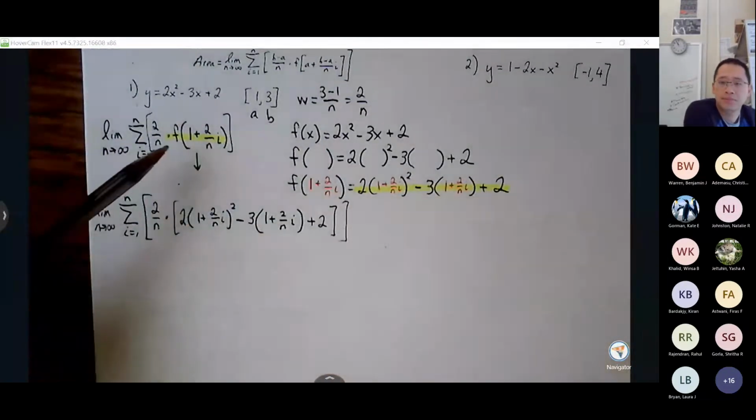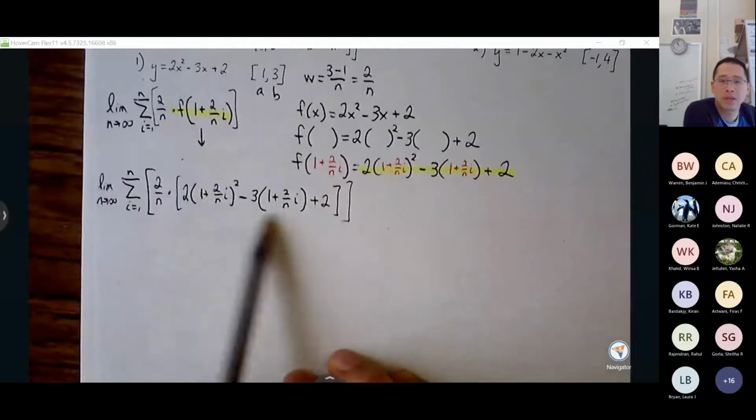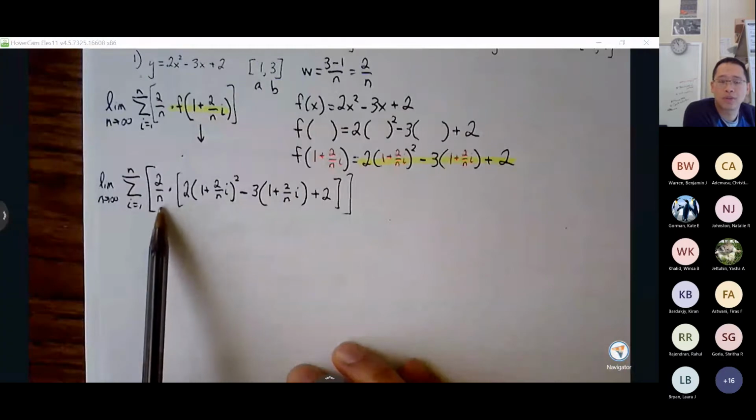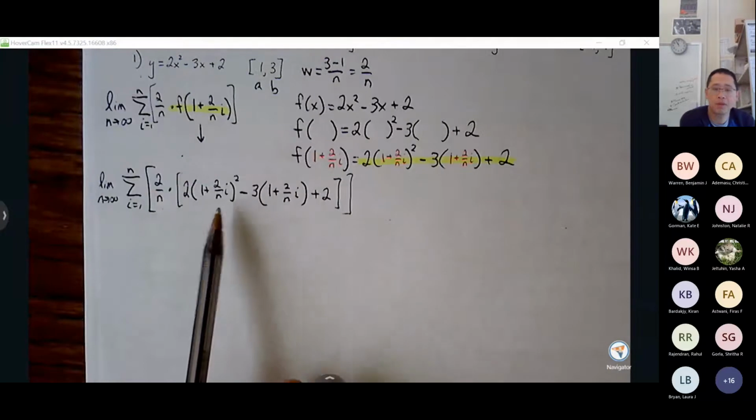Right, any questions here? Out of function notation into something that we can begin to work with and eventually combine with the width. All right, piece by piece here.